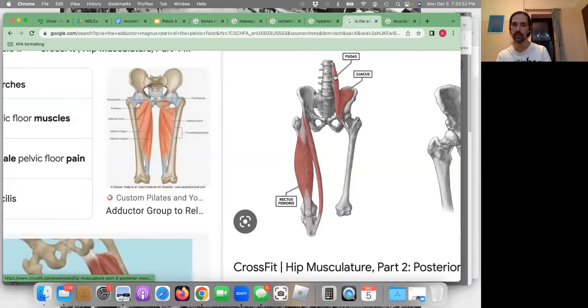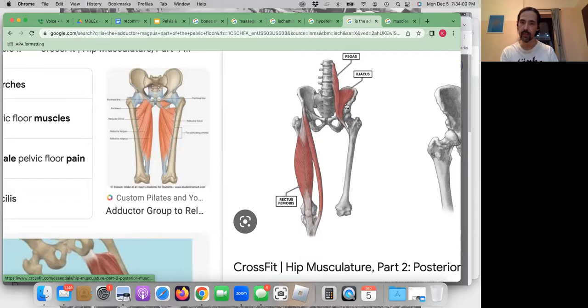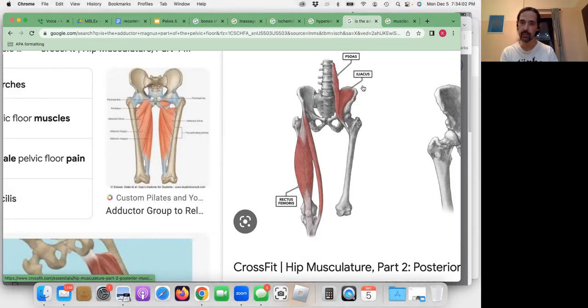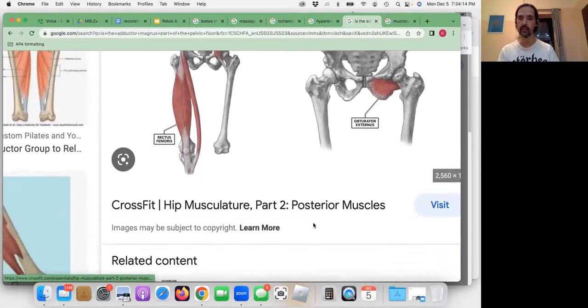Here's the psoas muscle. They're not showing the three distinct groups of fibers. That's all right. Here's the psoas muscle that comes down and attaches to the femur. The inguinal ligament is missing or cut away. Here's the iliacus muscle, which joins the psoas to form the iliopsoas muscle. This is not one of the adductors.